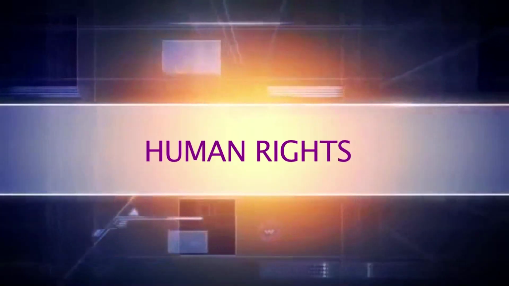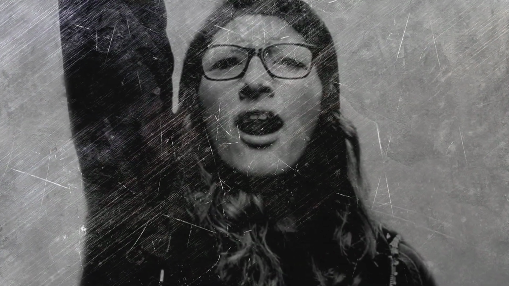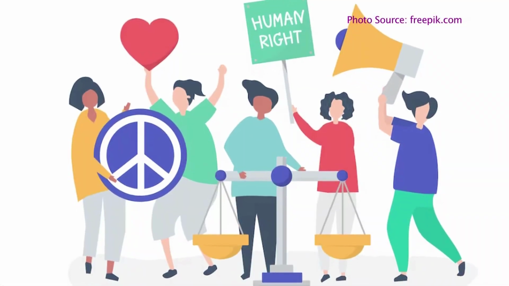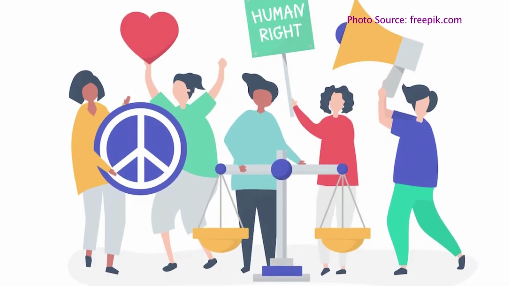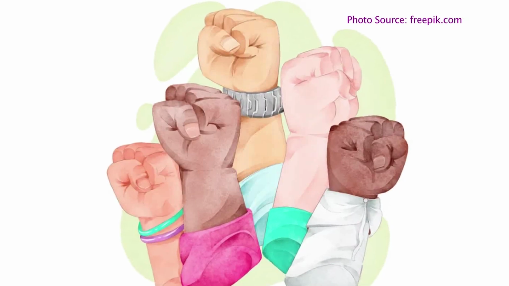Next we have, at number 5, human rights. Human dignity must first be restored and protected before any other natural right of an individual. Therefore, human rights are moral rights which are inherent to all human beings, irrespective of race, sex, nationality, ethnicity, language, religion, or any other such status.